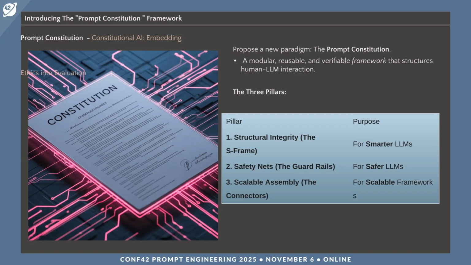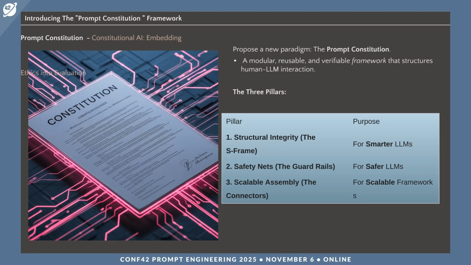The whole constitution is based on three basic pillars, and we will look into more advanced concepts as we move along. The three basic pillars are structural integrity, why we need structural integrity for smarter LLMs; safety nets, why we need guardrails for safer LLMs; and scalable assembly for a scalable framework.